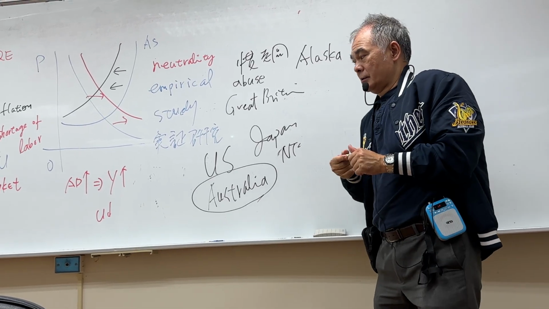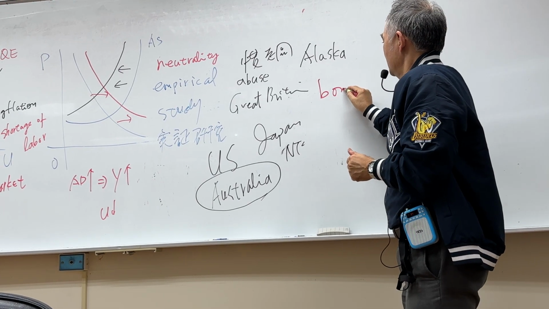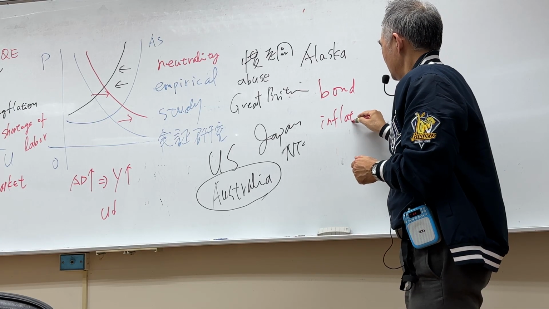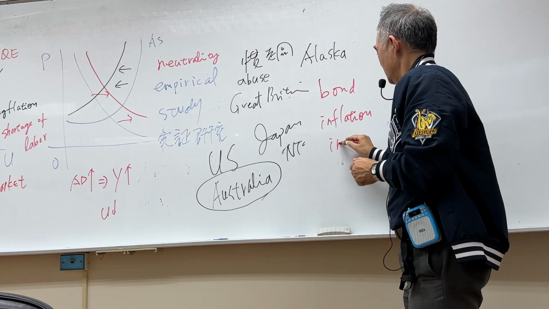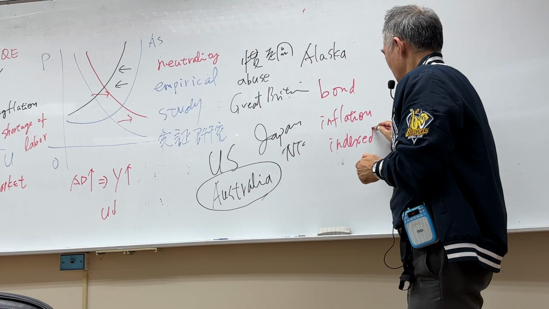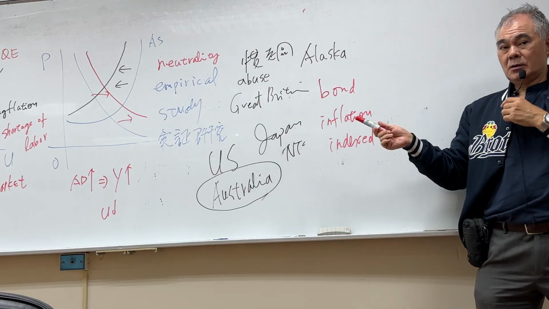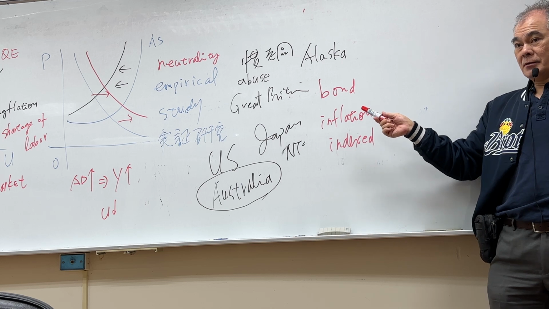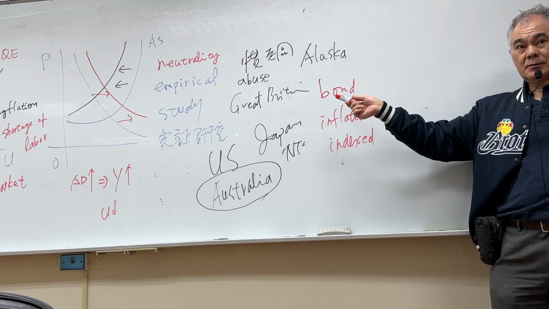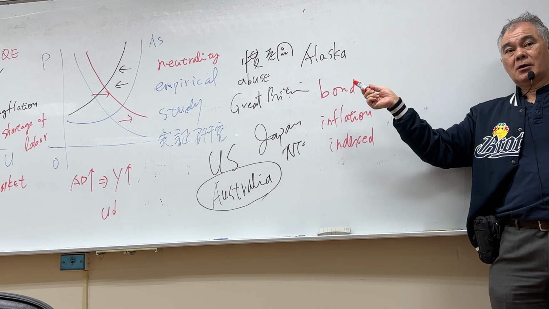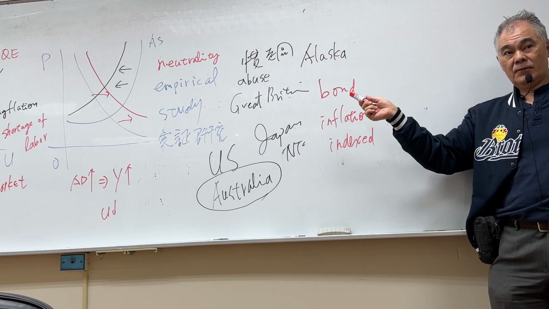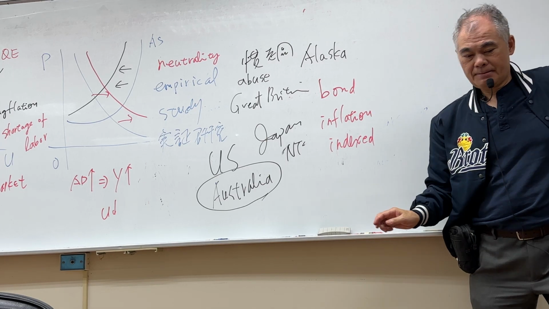In the U.S., there is a bond called inflation indexed. Generally, when there's inflation, if you want to buy bonds, you need to buy this kind, because it will give you extra compensation for inflation.